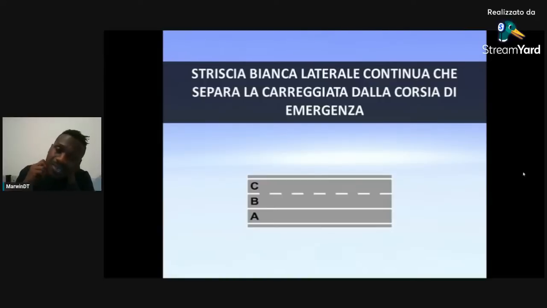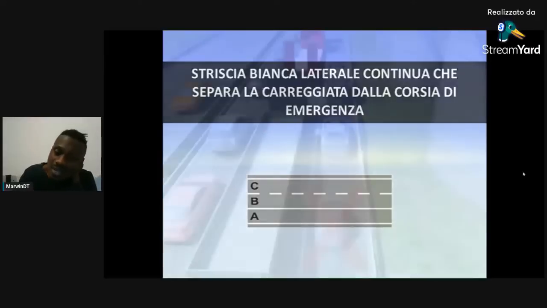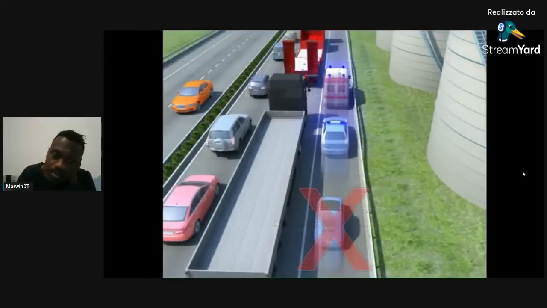Let's see in reality. So here it is. On the corsia di emergenza, what are we not allowed to do there? To circulate, because it cannot be used for ordinary circulation. But it is used for emergency purposes.